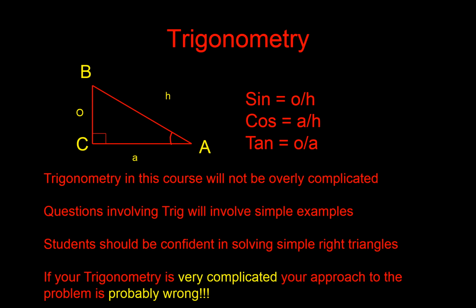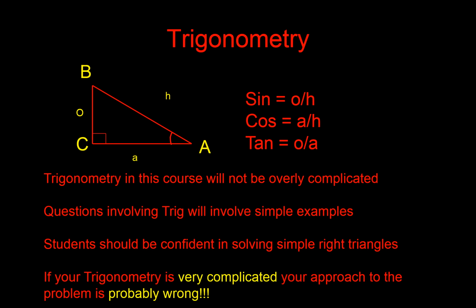This is a physics class, which means we are applying mathematics. There may sometimes be mathematics that's a little more complicated than this, but if you're going for a very, very complicated solution, you probably have it wrong. Don't be afraid to start from the beginning again and try to simplify your solution.